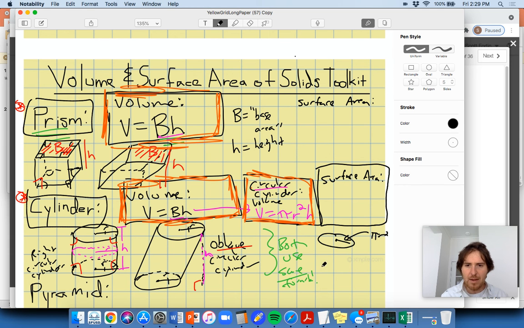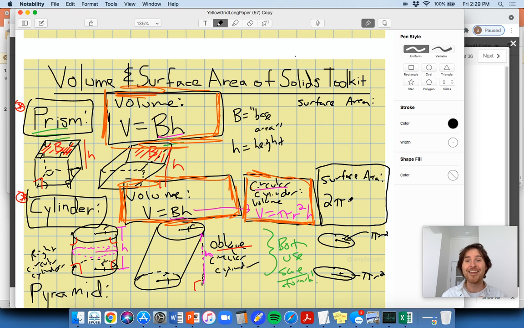I have one base, and I have another base, which is also going to be pi r squared, because remember, if I'm a cylinder or a prism, I have to have congruent bases that are separated by parallel planes. So we know we're going to have that in our surface area. I'm going to have 2 pi r squared here.